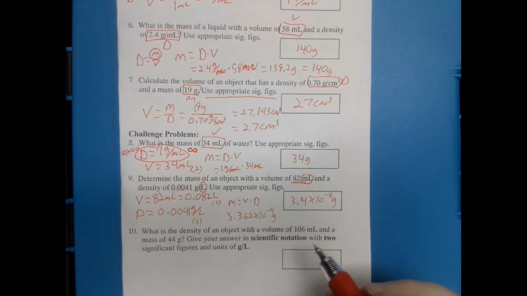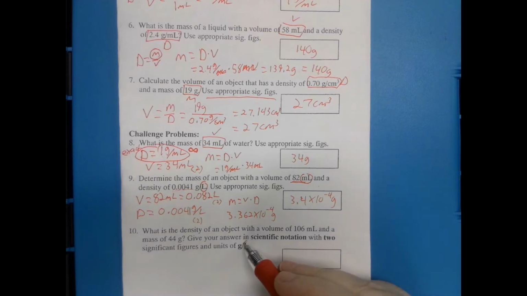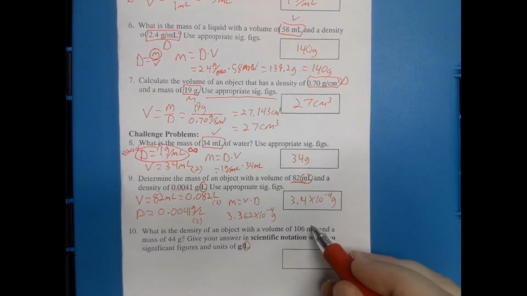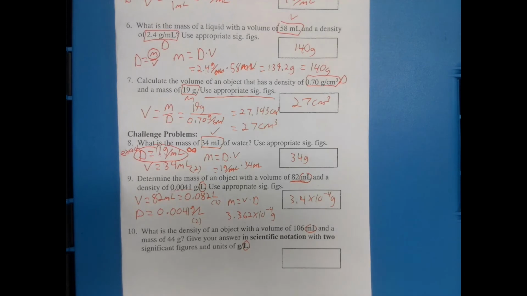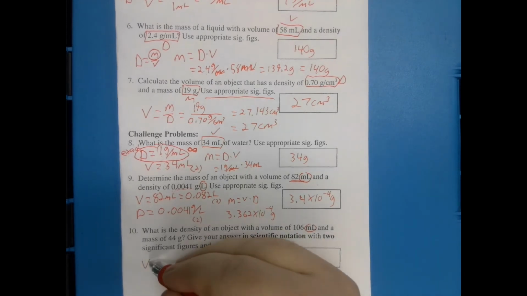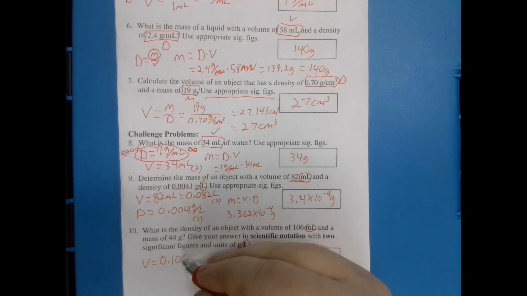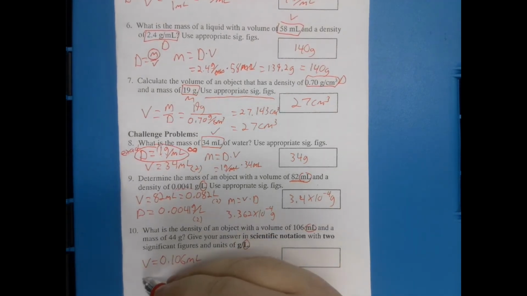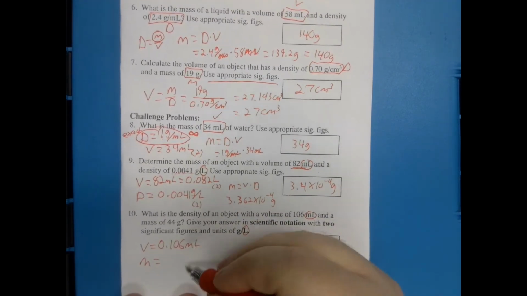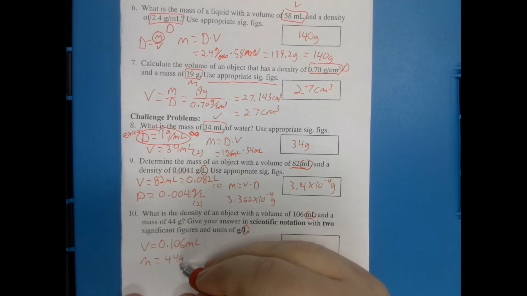It says here, use scientific notation with 2 significant figures and units of grams per liter. This is milliliters, so we do the same thing. Volume is equal to 0.106 milliliter. Mass is equal to 44 grams.